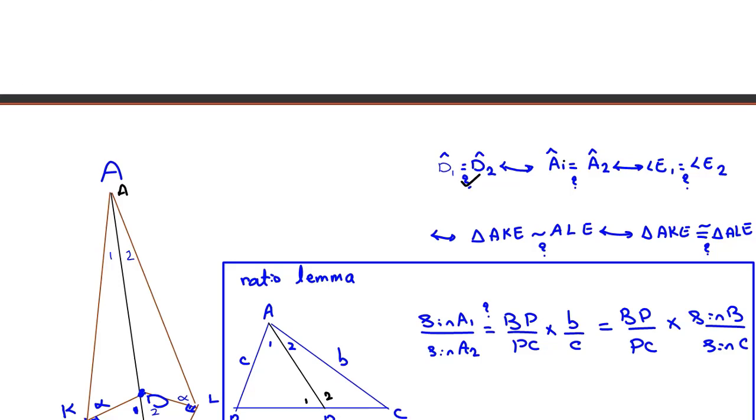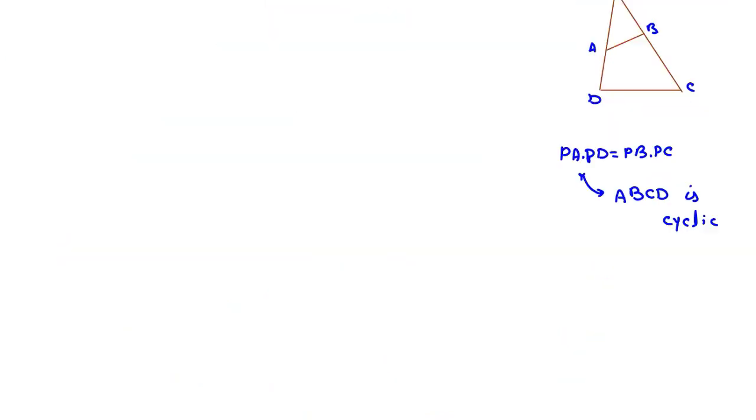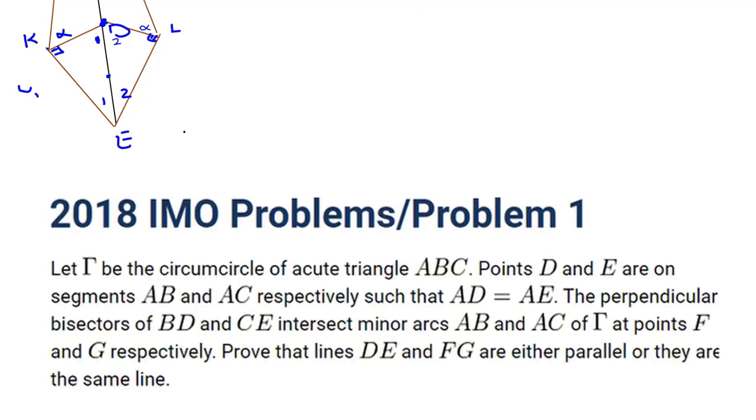Okay. So for this problem, again, we've used the cyclic quadrilateral. Let me write a homework that is from the IMO and you can solve it. You can do this problem as homework. There are lots of problems in the IMO related to cyclic quadrilaterals, but this problem doesn't need anything new.